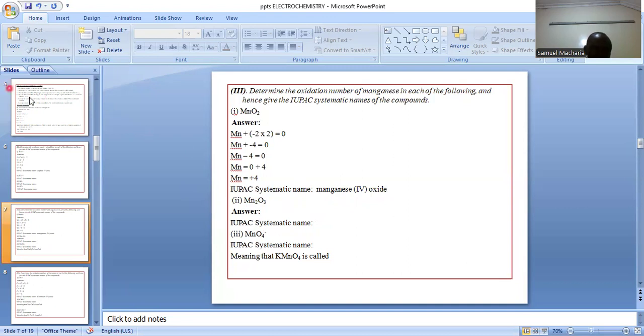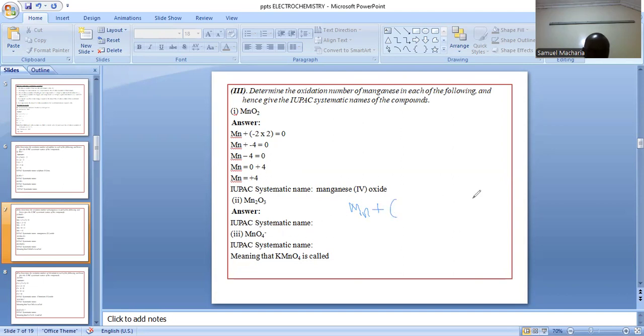Now, let me get a pen as usual. So we are now on working out the oxidation number of Mn in this compound. So we start, we have Mn, we don't know its oxidation number, plus oxygen. Now we put brackets.